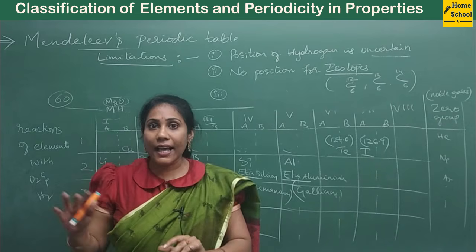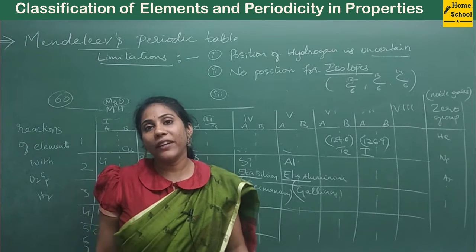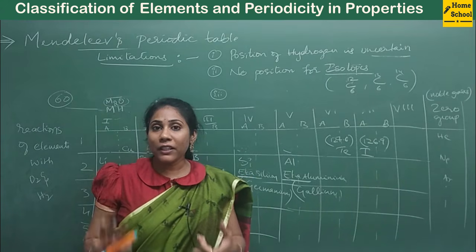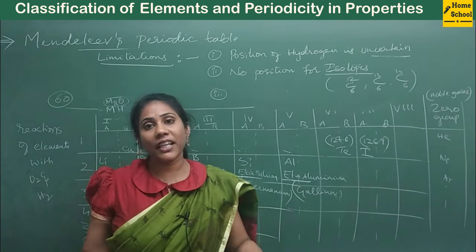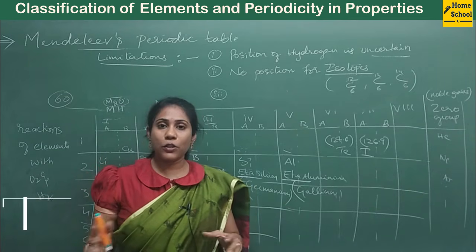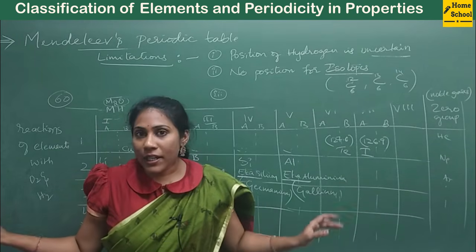In the next class, I will talk about the modern periodic table in a detailed way. I'll be finishing the modern periodic table overview, as well as the different classifications in our NCERT textbook about the modern periodic table. So let's revise the concept.